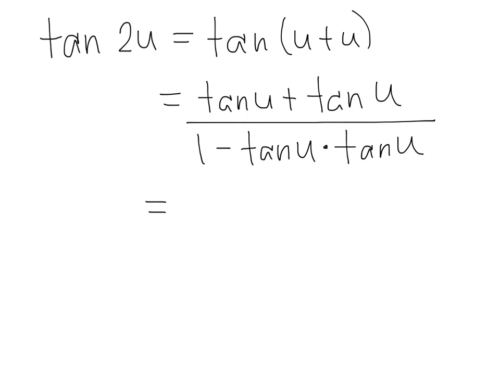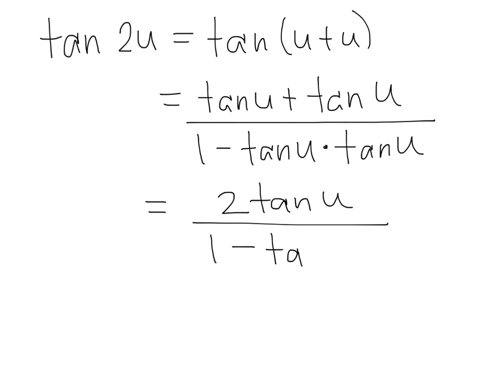Simplifying the numerator, tangent u plus tangent u is 2 tangent of u over 1 minus tangent u times tangent u, which is the tangent squared of u. This is the formula for the tangent of 2u.